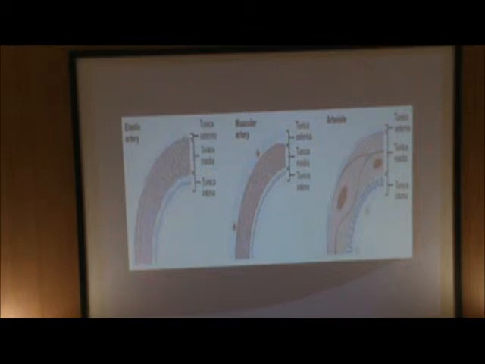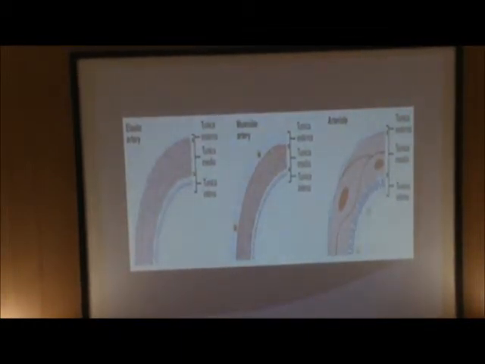And here we have structure, the wall of large artery, median artery, and small artery. Maybe not very thick, but thicker tunica intima, here thinner and here also.